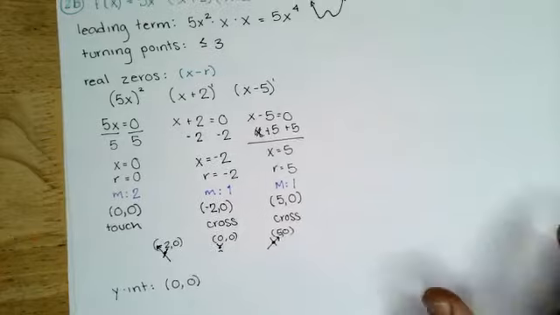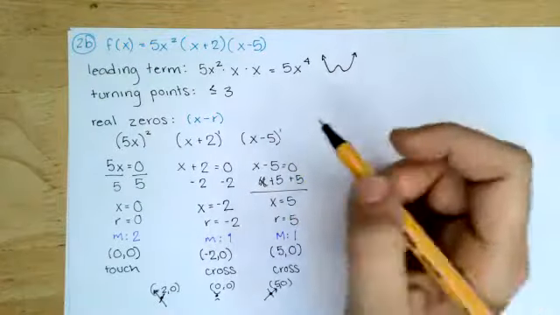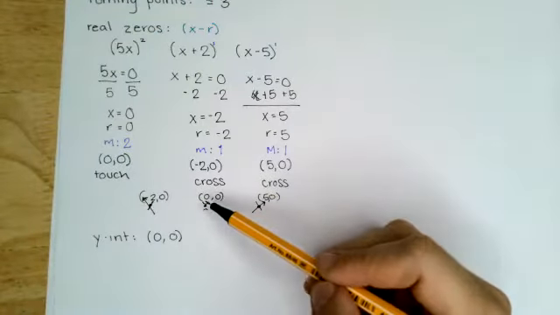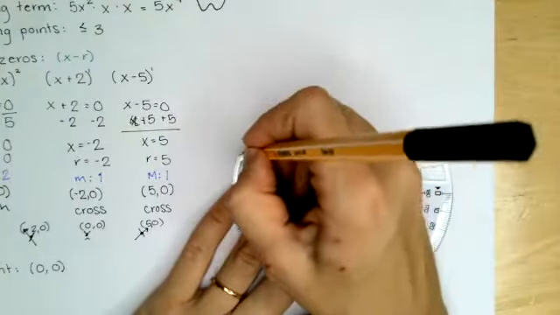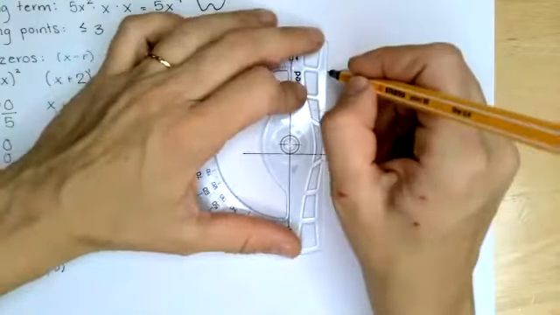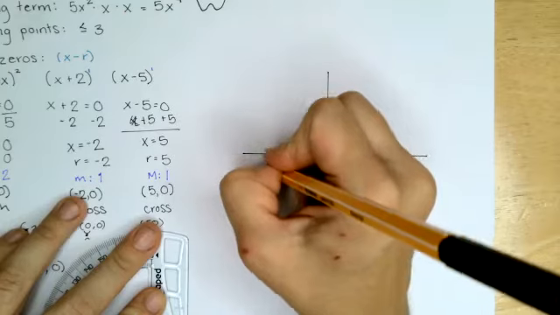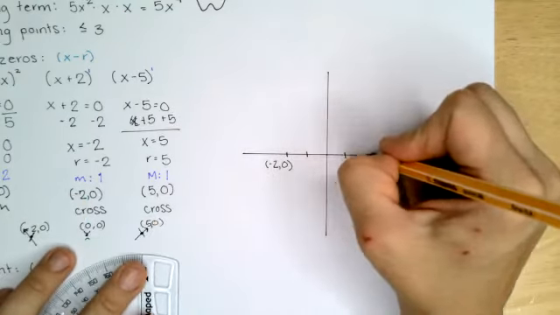All right, let's try to graph this. We know it's going to open up to the left and to the right. It's only going to turn 3 times. It's going to cross -2, 0 and 5, 0, and touch 0, 0. And again, after you graph these, you want to put them into Desmos just to be sure. So here's -2, 0. Here's 0, 0.